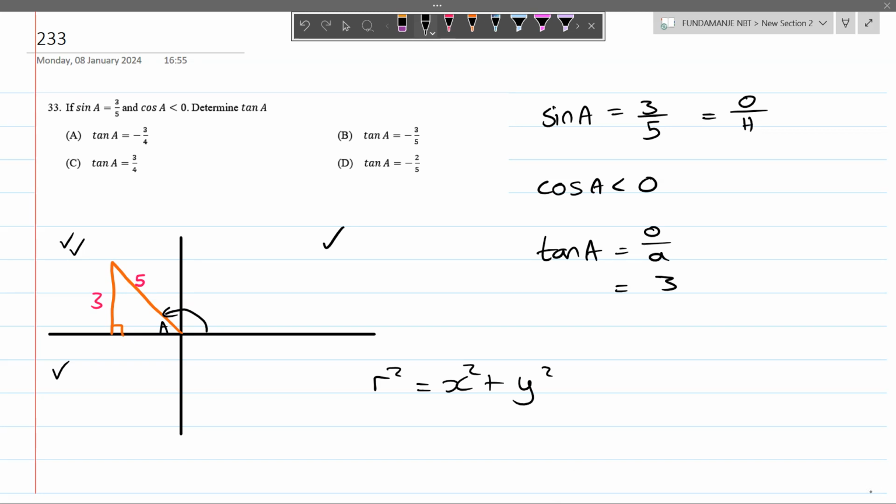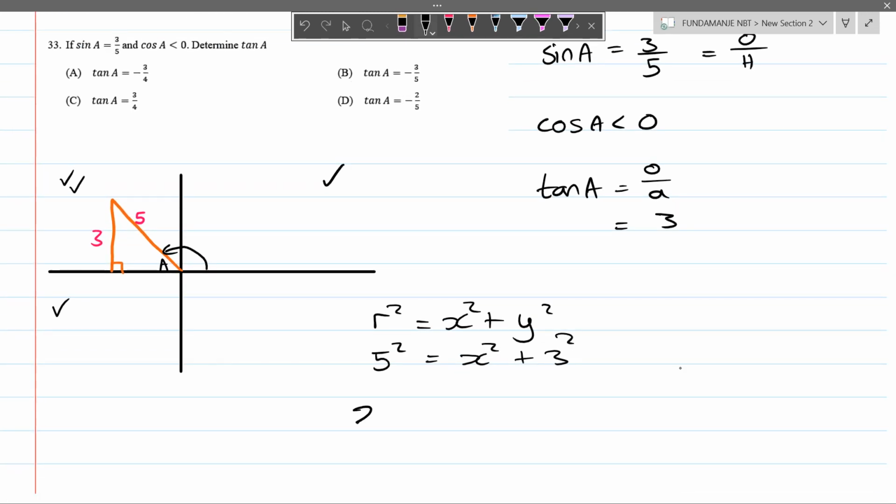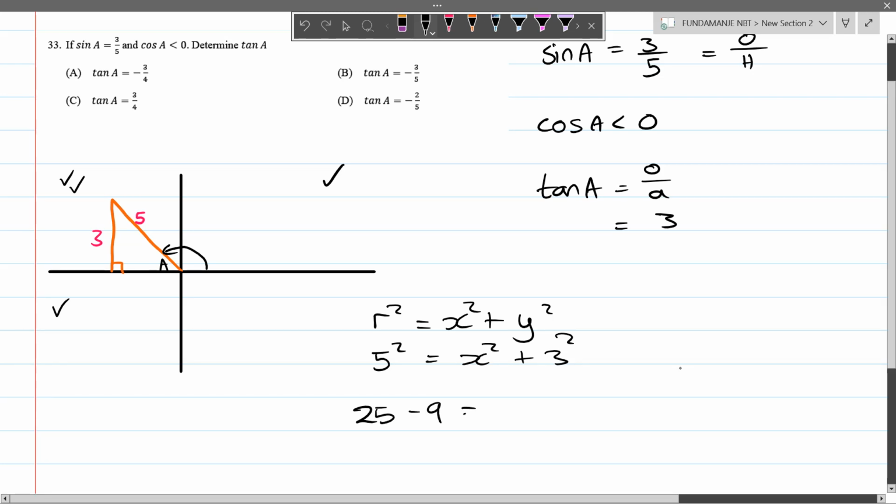Substituting our values, we have 5 squared is equal to x squared plus 3 squared. Then we can continue solving for this. We'll have 25 minus 9 is equal to x squared, which will give us x squared is equal to 16.